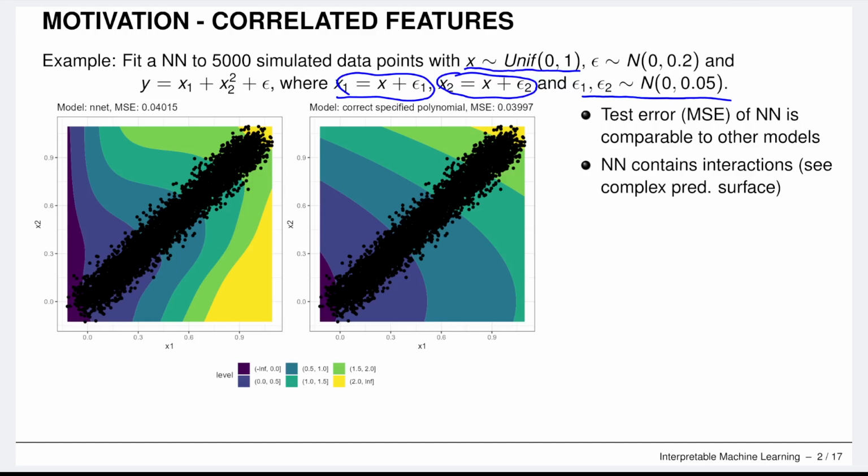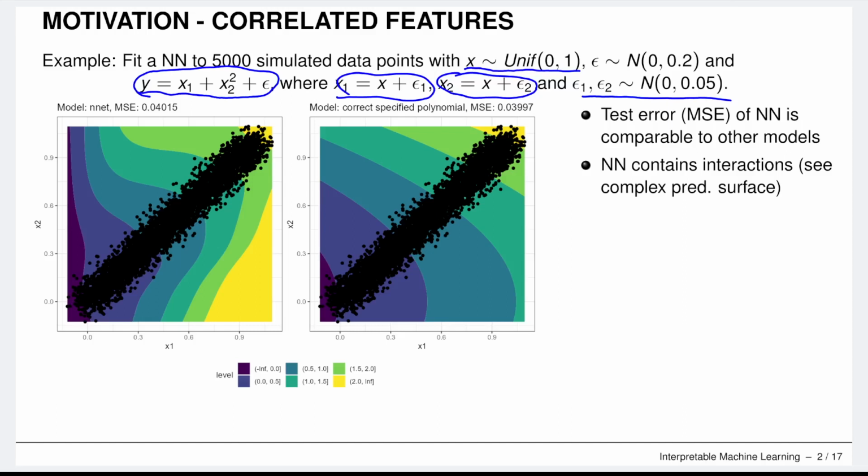So the data generating process is then defined here as the sum of feature x1 and feature x2 squared, with again a small noise. This is how we generated our data. We have two features, x1 and x2, and our target y.